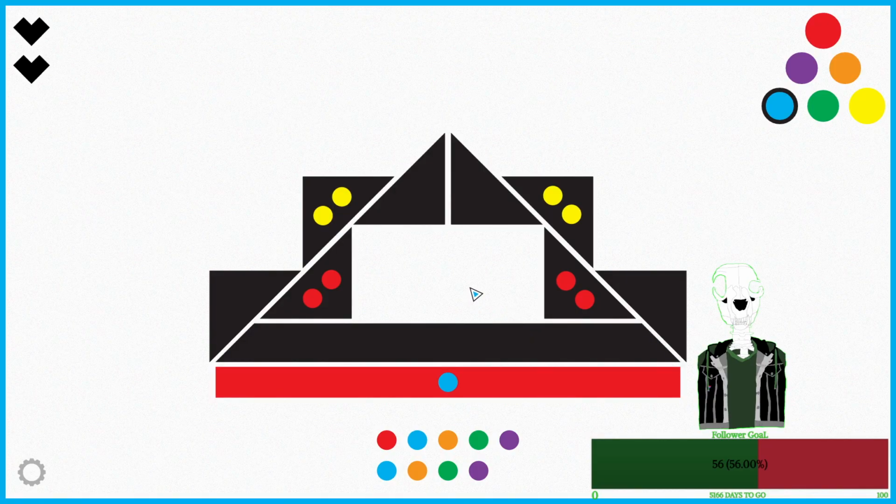No. Just that these four are the ones that are green or orange, which means these three are at the very least blue, purple.